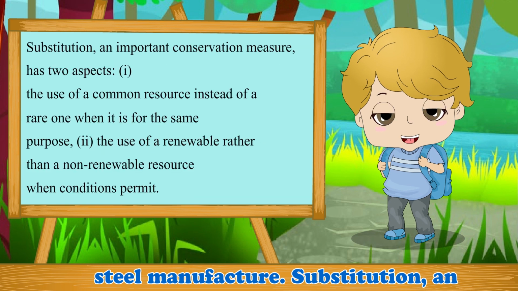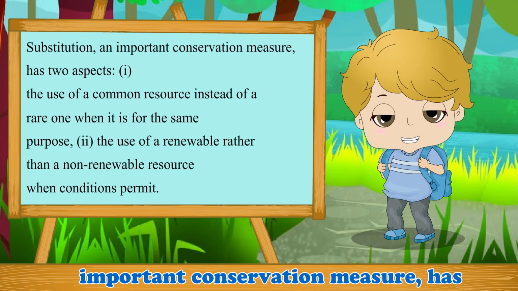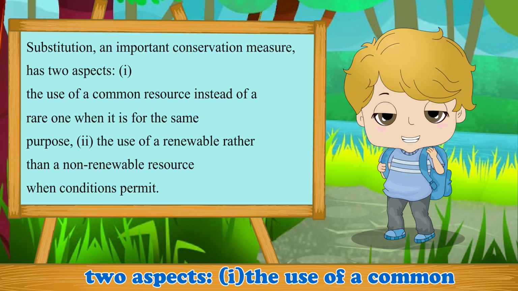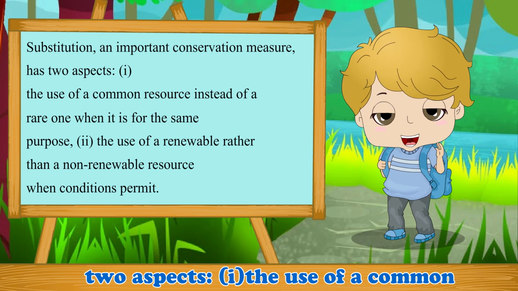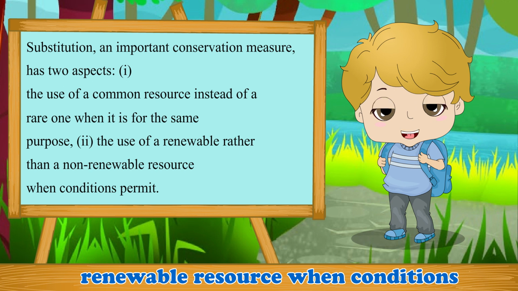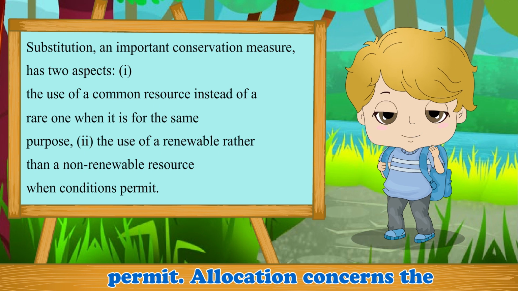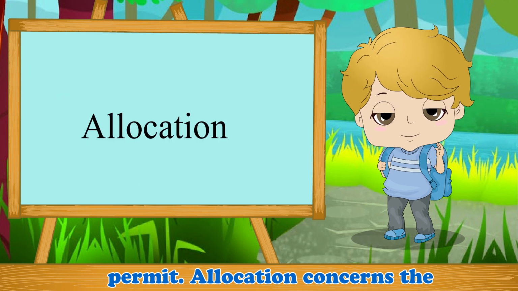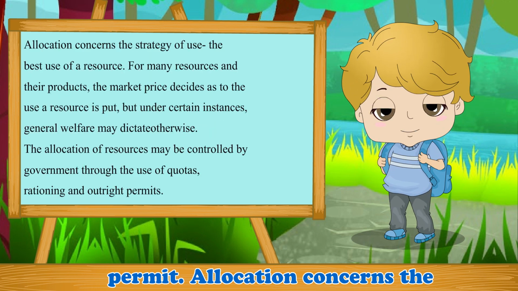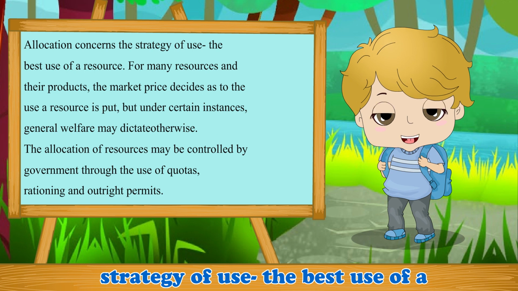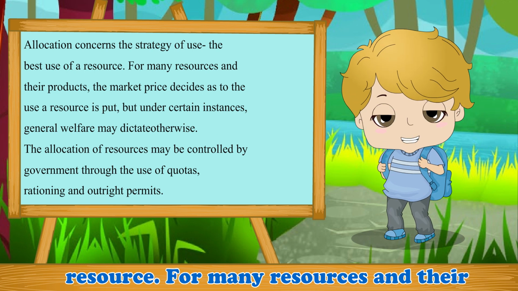Substitution. Substitution, an important conservation measure, has two aspects: the use of a renewable rather than a non-renewable resource when conditions permit. Allocation. Allocation concerns the strategy of the best use of a resource.